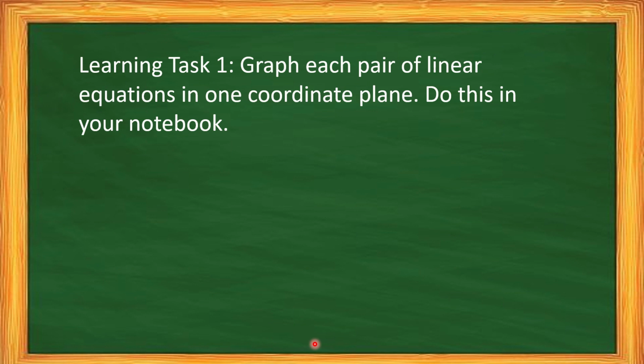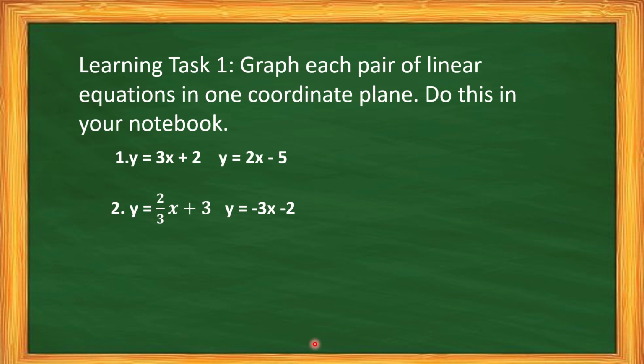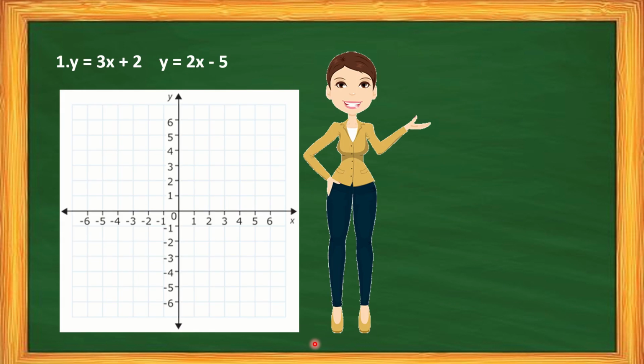In learning task 1, you are tasked to graph each pair of linear equations in one coordinate plane. We have two examples here. For number 1, we have y equals 3x plus 2 and y equals 2x minus 5.